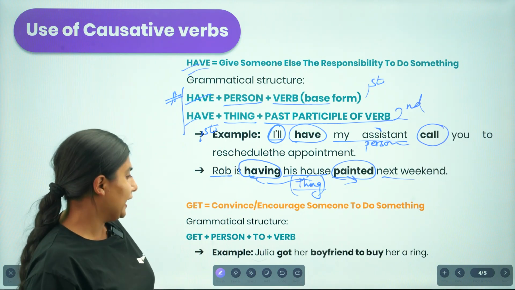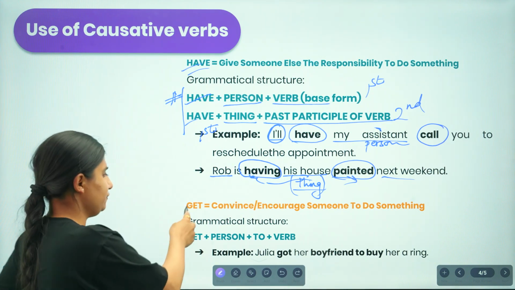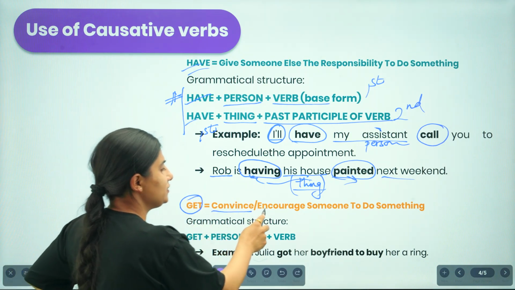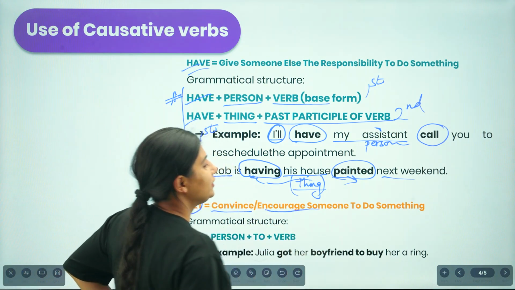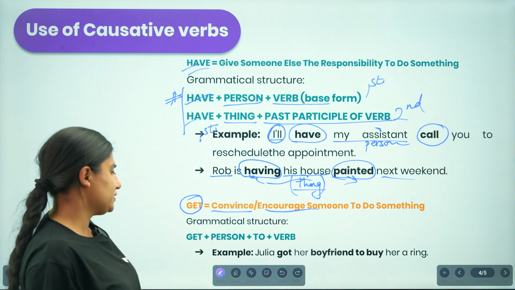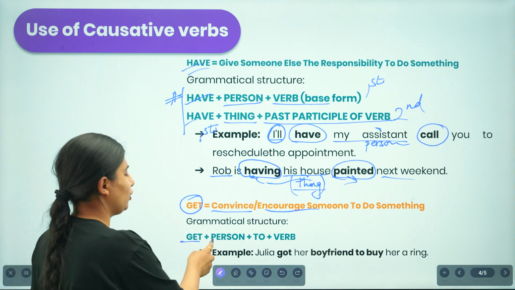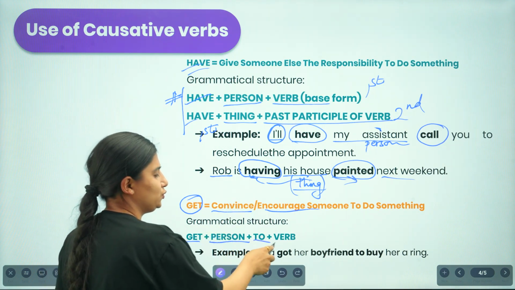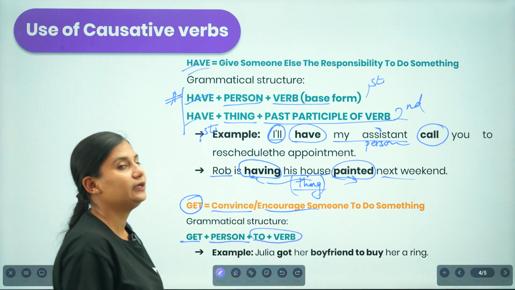Now the last one, we use get as well, and we use get when we convince or encourage someone to do some task. Talking about the grammatical structure, we use get along with the person, and then while using get we are supposed to use to infinitive and then the verb.